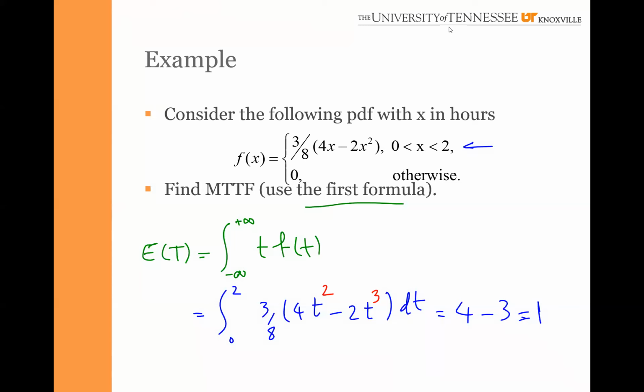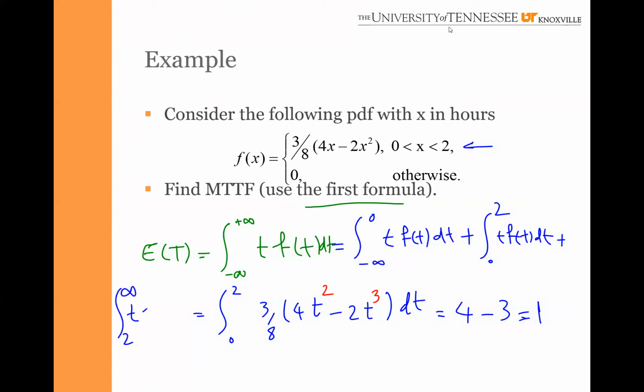Okay, so let's expand. That's a good question. What is this equal to? I can write this as the integral from minus infinity to 0 of t f(t) dt, plus 0 to 2 of t f(t) dt, plus 2 to infinity of t f(t) dt.